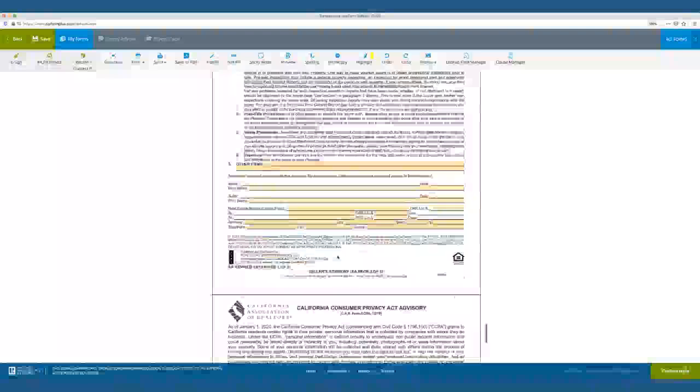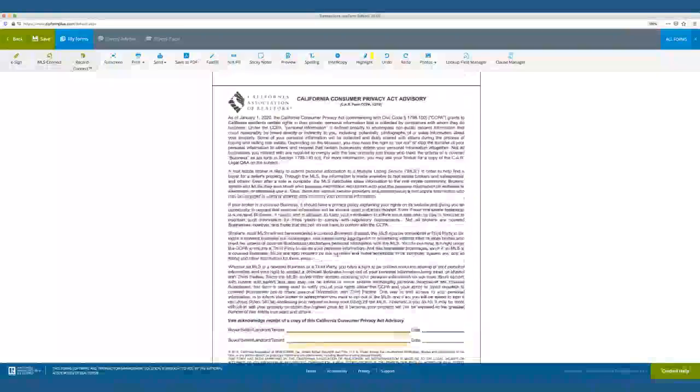disclosures and all that. California Consumer Privacy Act advisory. All you're doing is advising the client of the new law that went into effect on January 1st, in regards to disclosing their personal information.